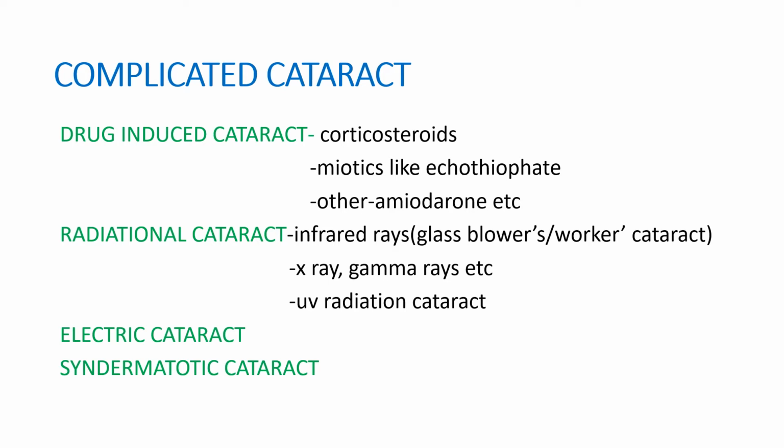It can be caused by irradiation rays like X-ray, gamma rays, etc. And it can also be caused by UV radiation. Then there is electric cataract, and then there is syndermatotic cataract.